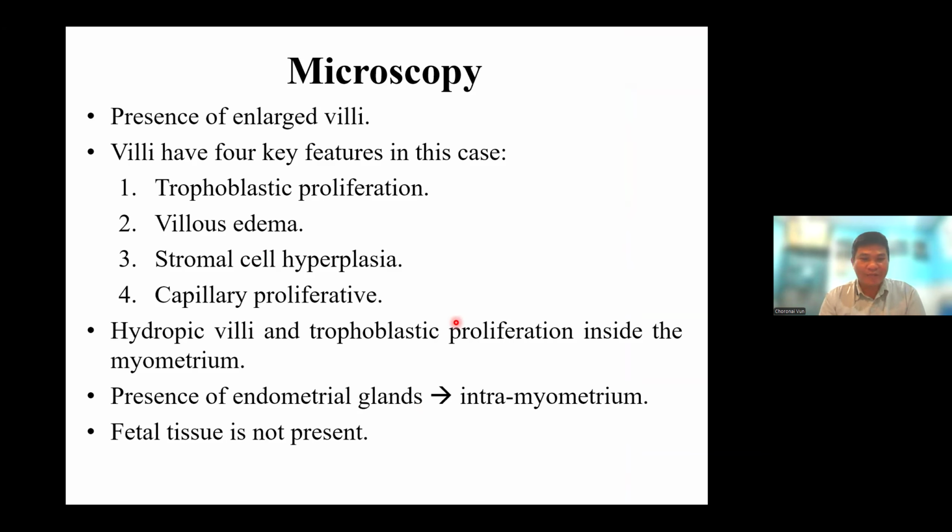There are some hydropic villi or trophoblastic proliferation inside the myometrium. Endometrial gland is present intramurally. But fetal parts or tissue are not present.